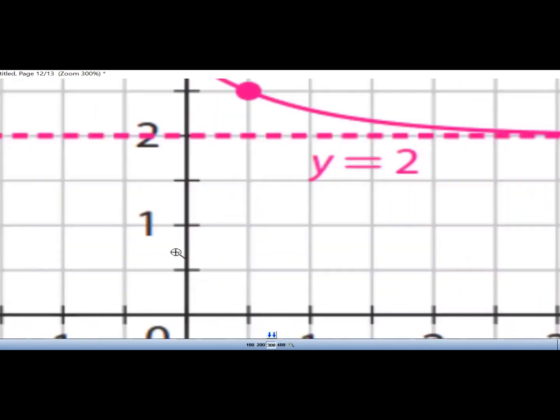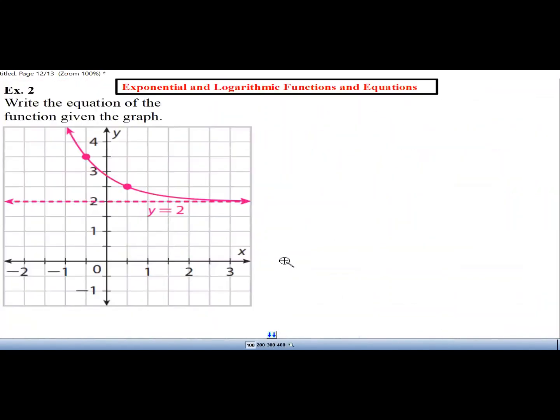All right. So with that said, let's go over our process. First things first, we label our 2 points that they give us. What are the 2 points? This one that's closest to the asymptote. And what is that point? The coordinate is 1/2 and 2.5, but I'm gonna leave it in fractions.